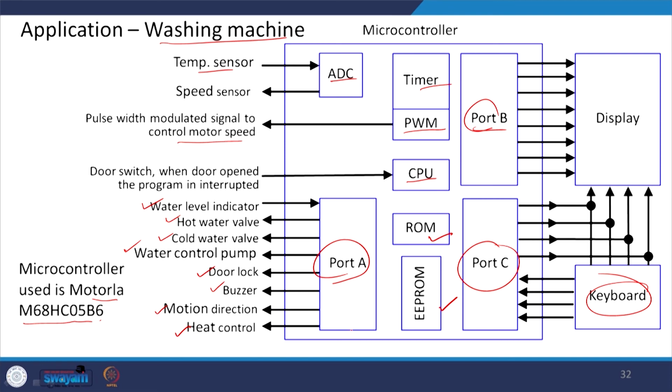The CPU has a door switch. When the door is opened, the program is interrupted. This block diagram explains the use of the microcontroller in the washing machine.